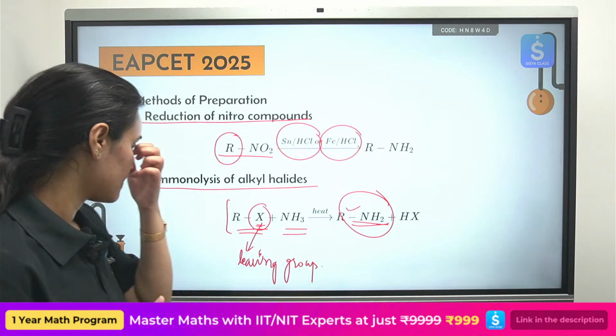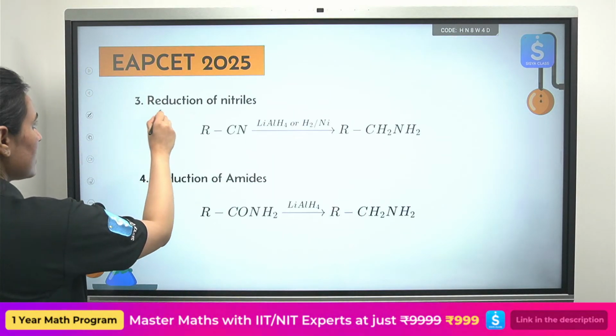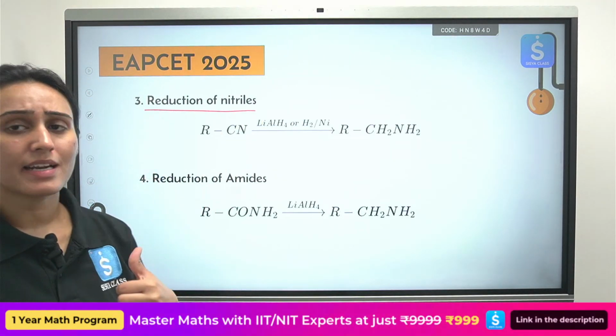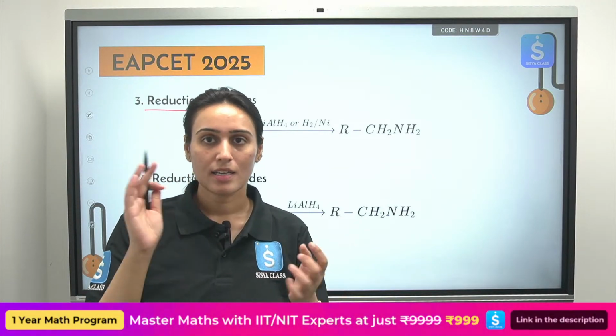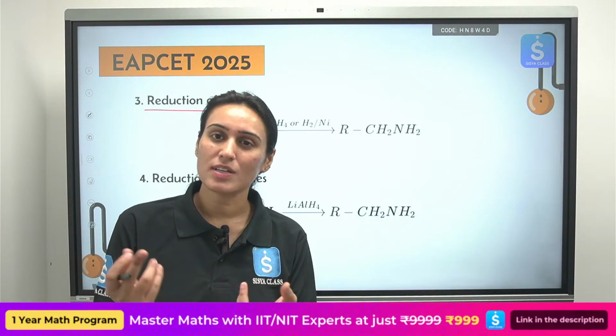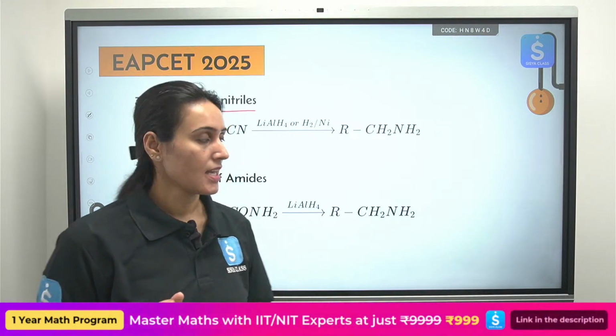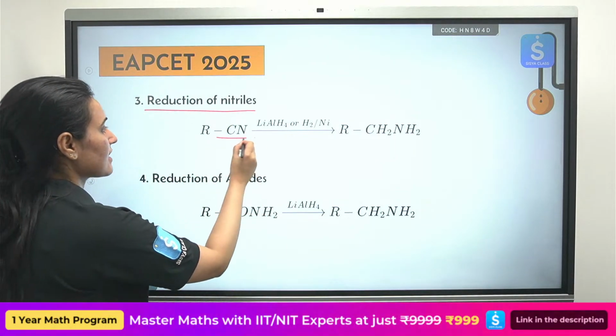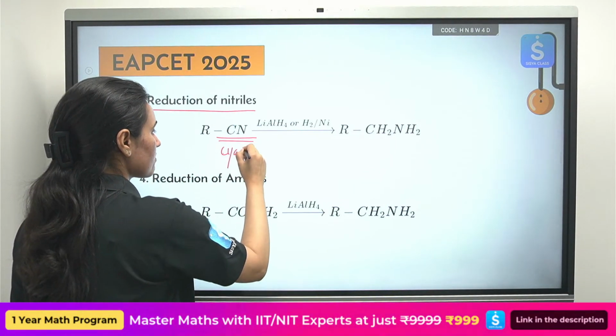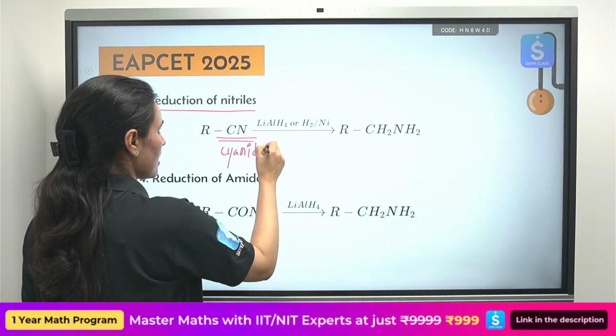Let's see the next one. Reduction of nitriles. You have seen the reduction of nitro compounds, Fe in the presence of HCl or tin in the presence of HCl. That was one way. You can also reduce your nitriles or cyanides, it means the same thing.